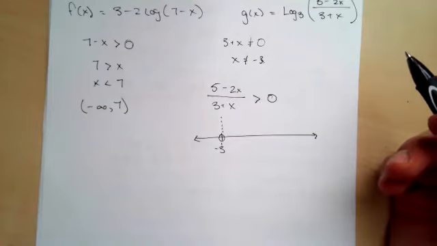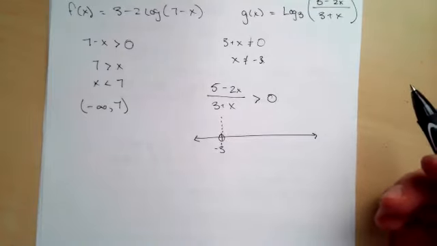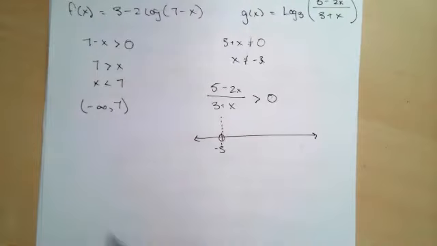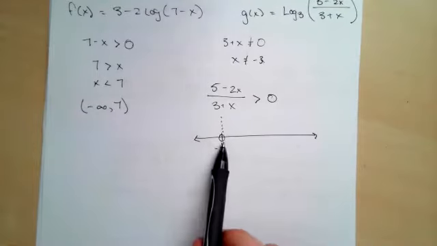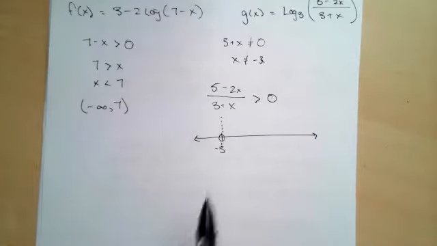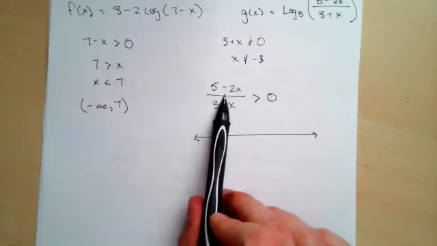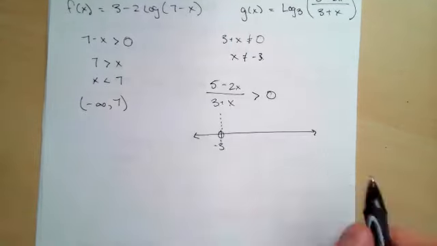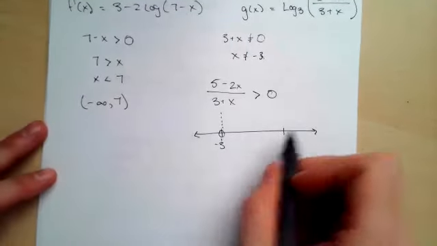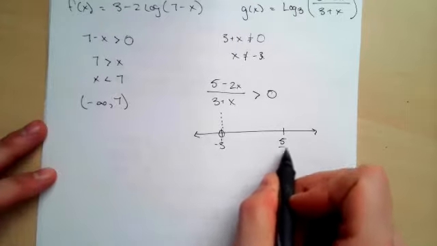In a domain or in calculus, you'll get into intervals of increasing, decreasing with rational functions. And wherever the zeros of the denominator, never included. We also want to plot the zeros of the numerator. So check that real quick. It's going to be a fraction. So we should get 5 halves when we set that equal to 0.